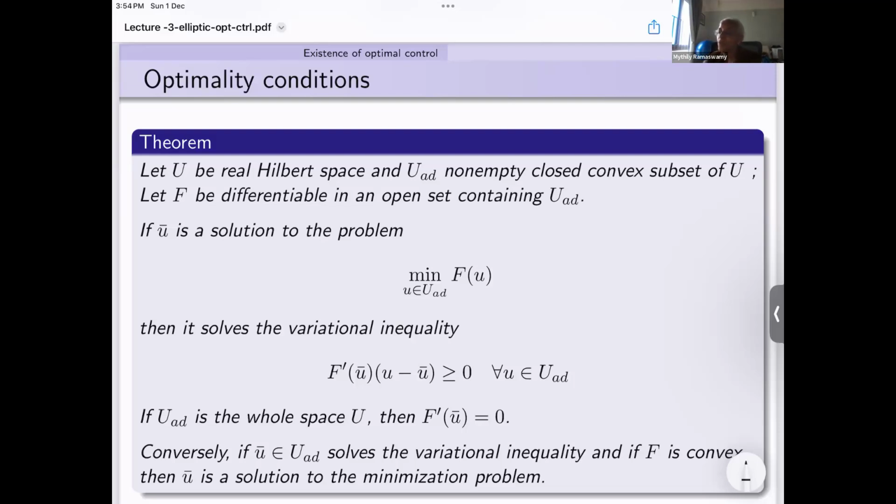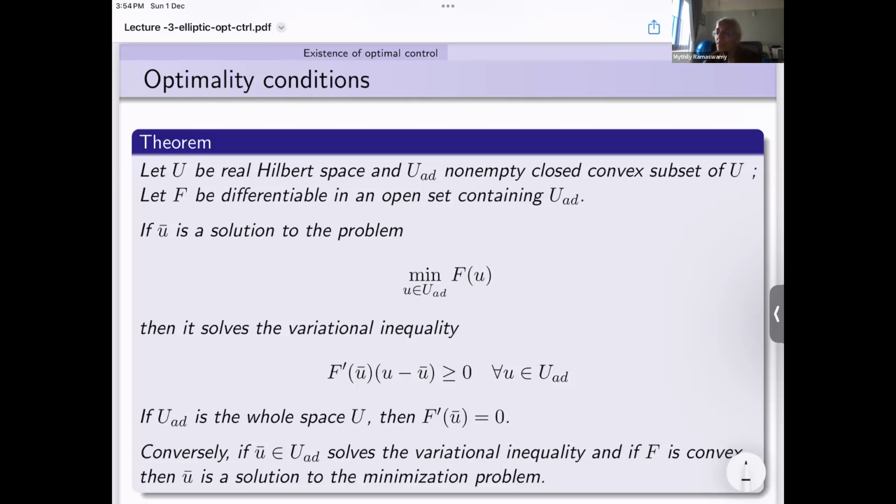As before, if U add happens to be the whole space capital U, then I can conclude the derivative itself is 0. The inequality becomes equality here. So that is the easier case where we can completely characterize u bar, exactly calculate.